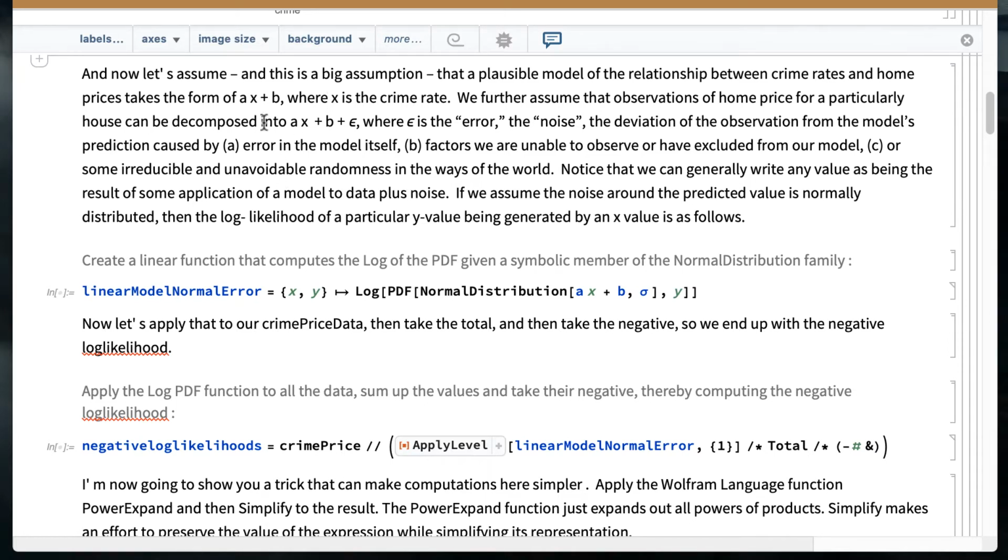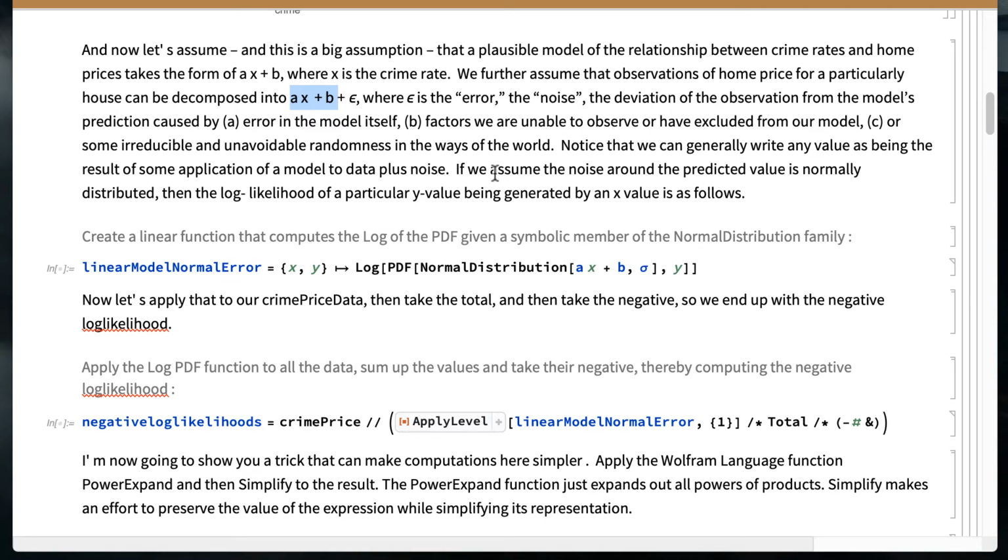The only reason it's not exactly equal to ax plus b is that there's some error that magically accounts for any deviation, and the only thing we need to specify is that the distribution of the error around the linear model is some normal distribution, and it's the same distribution regardless of the value of x. So we have what's sometimes called homoscedastic noise. Okay?